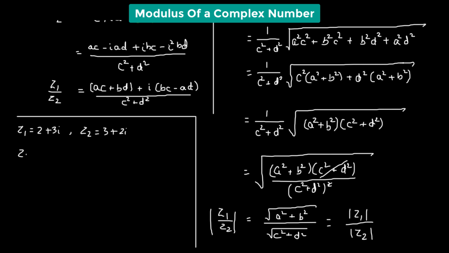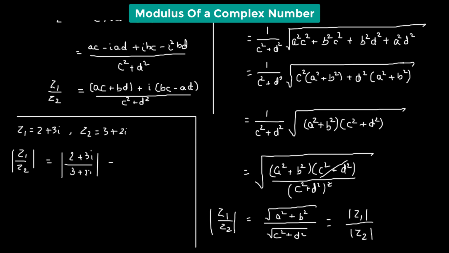Now we have to divide z1 by z2 and then take its absolute value. Doing it directly would take us a longer route. So we have the absolute value of 2 plus 3i divided by 3 plus 2i. If we take the usual route, we have to convert 2 plus 3i over 3 plus 2i into the standard form and then take its absolute value.